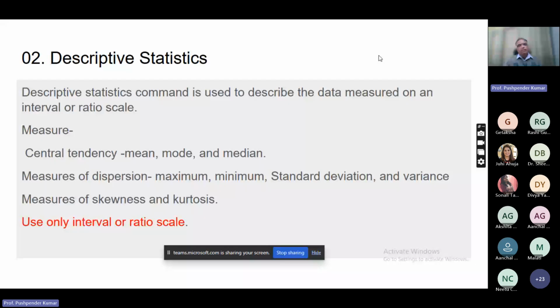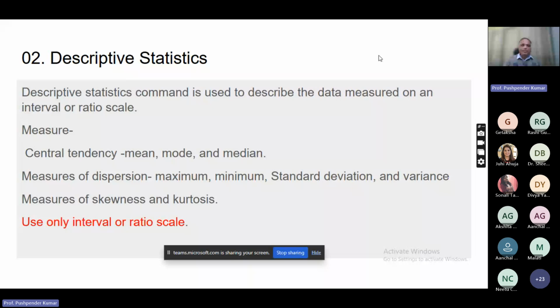What can we calculate out of this? Central tendency, mean, median, mode, measures of dispersion, and measures of skewness and kurtosis. Please note down, use only continuous data. Use only continuous data.